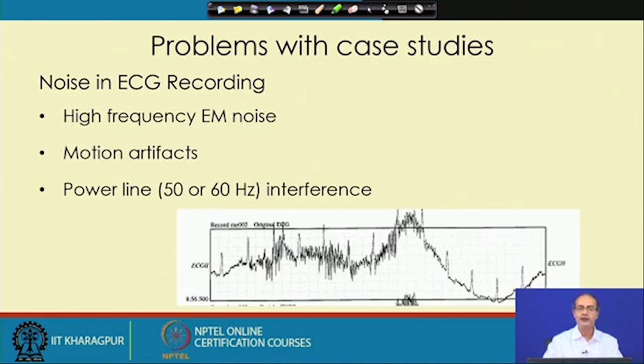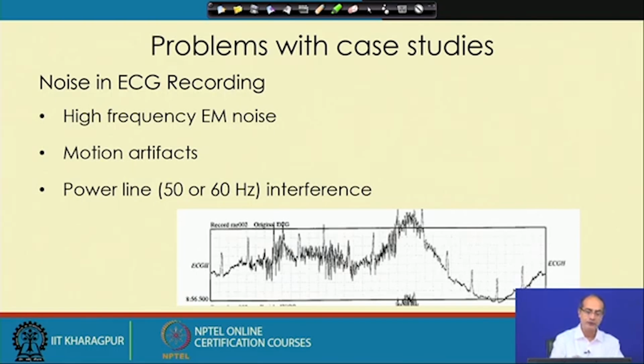Whenever you are recording the signal, the recording leads act as an antenna, and the noise induced on it rides on that signal and gets recorded along with the signal. These high frequency noises are nowhere contributing to the signal, they just obscure the observation. So, we would try to remove them.